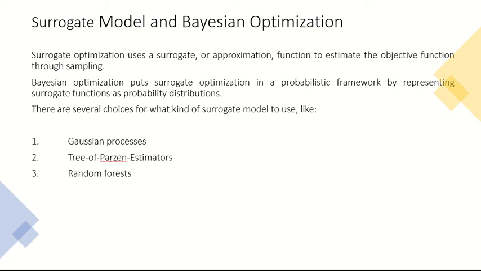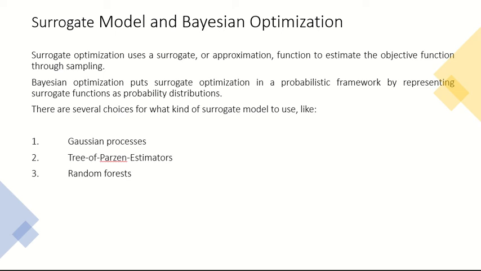A surrogate model uses a surrogate or approximation for our objective function, and so this model can make an approximation for the objective function. It means instead of solving our true and main problem, we can solve another problem which is easier.